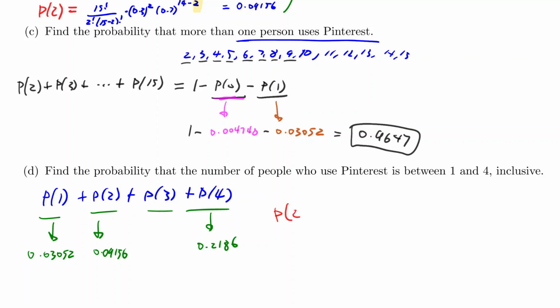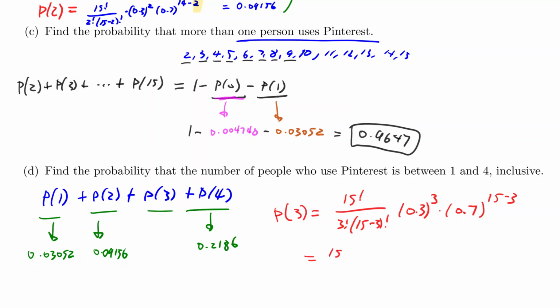So let's find probability of 3 using the formula. We have 15 factorial over 3 factorial times (15 minus 3) factorial, times probability 0.3 to the 3, times 0.7, or 1 minus 0.3, raised to 15 minus 3.